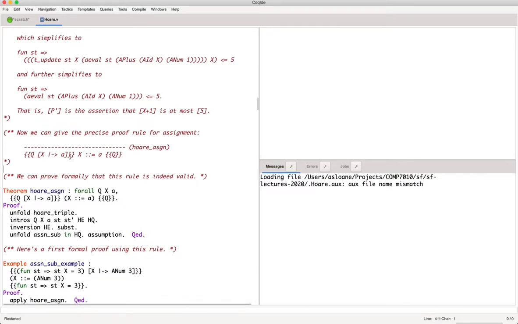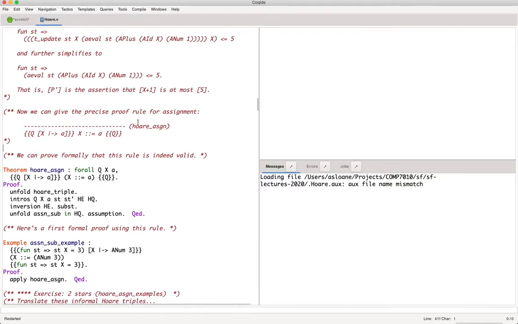You can think of this whole thing as a triple: a precondition, a command, and a postcondition. It's saying that as long as you fit into this format, it's always true. But just because we've written it down in a comment here doesn't mean it actually is valid. This is a proof that this is logically the case.